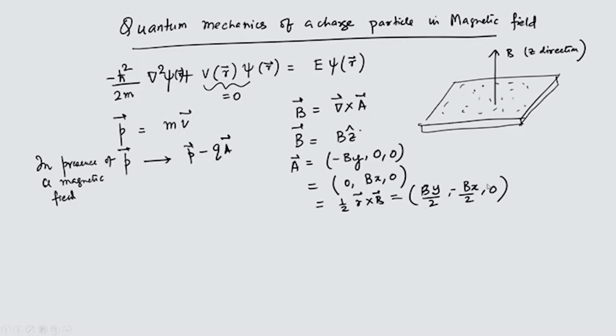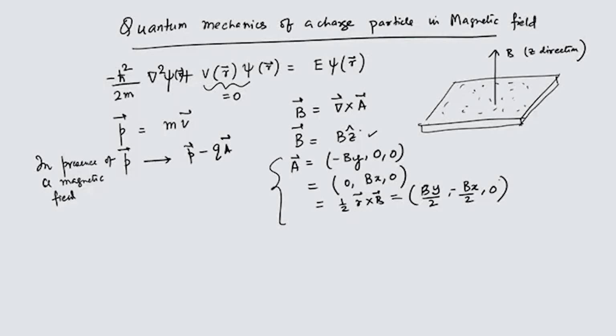Okay. So all three forms of the vector potential would create the same B, which is constant and in the Z direction. You just have to convince yourself by taking the curl of this, and so these are called gauge freedom, in the sense that the final result would not depend upon which A you use.